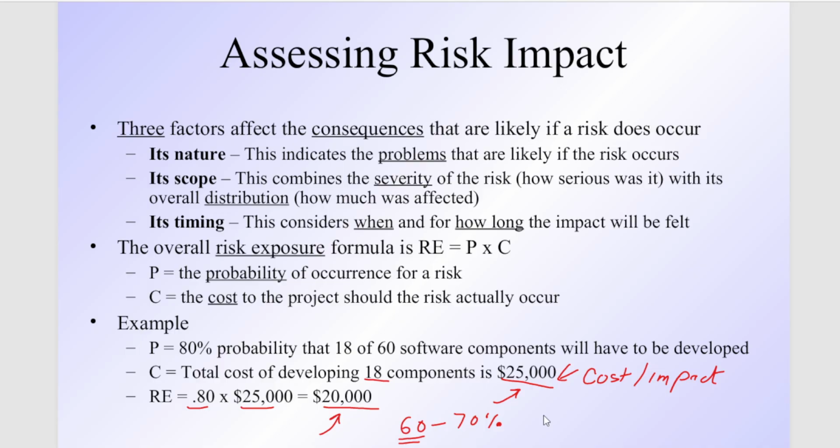The average lines of code of a component is, suppose, 100, and the cost per LOC is say $15. What is the total risk exposure? So how do you calculate it? Total 60 components were planned, out of which 70% were reusable. What is 70% of 60? That comes to 42. So 42 components can be reused.